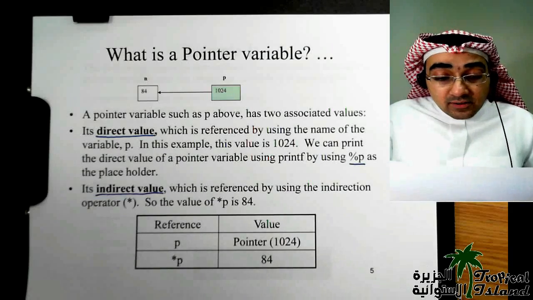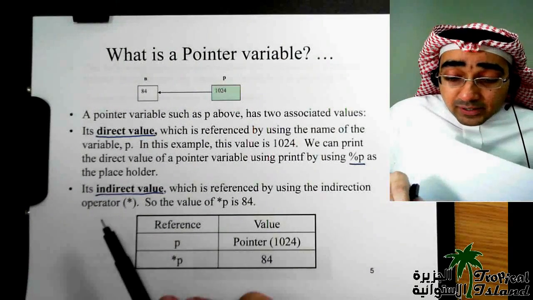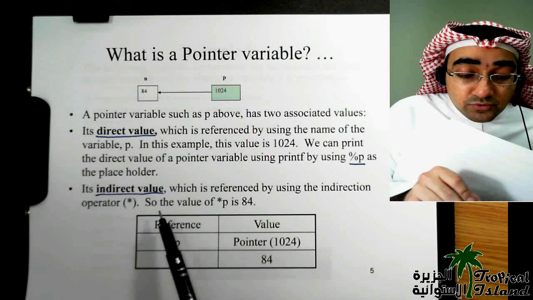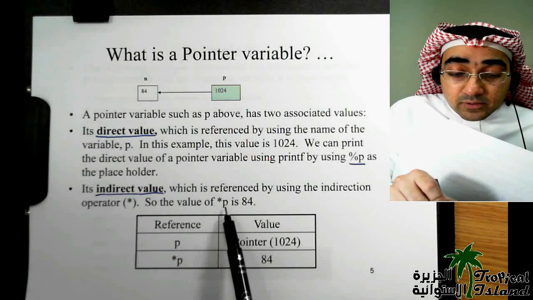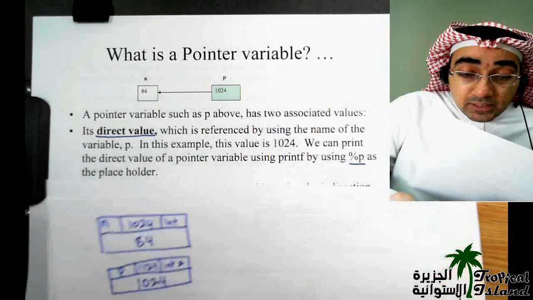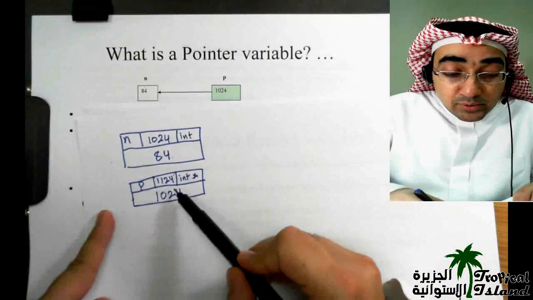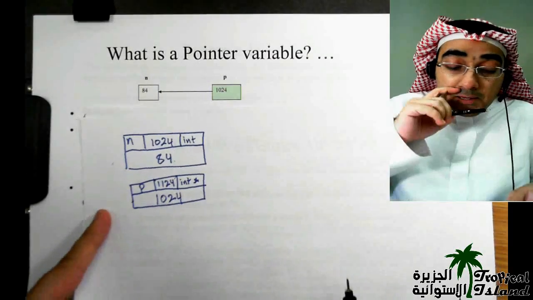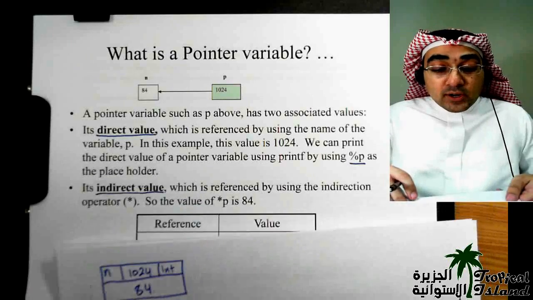What's an indirect value? It is referred to by using the indirect operator star. So the value of star p is 84. Why? Because pointer p is pointing at memory location 1024, and 1024 is over here. So you're going to have 84 as the value.